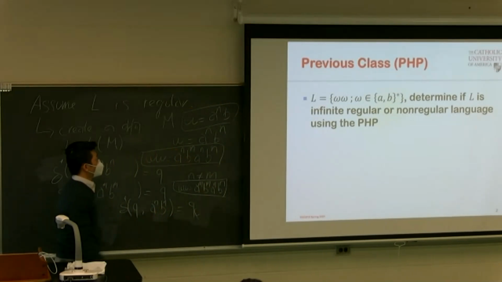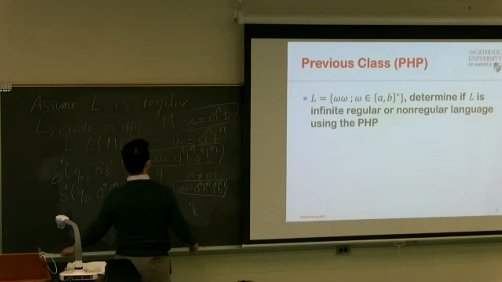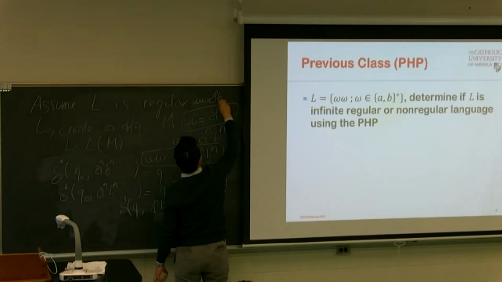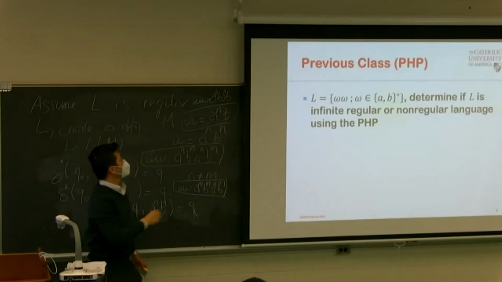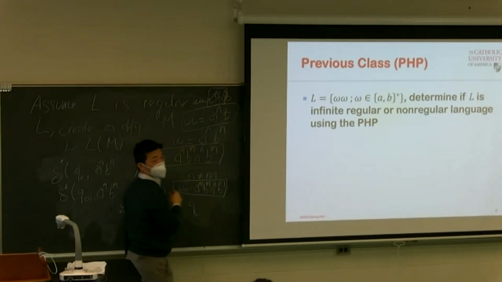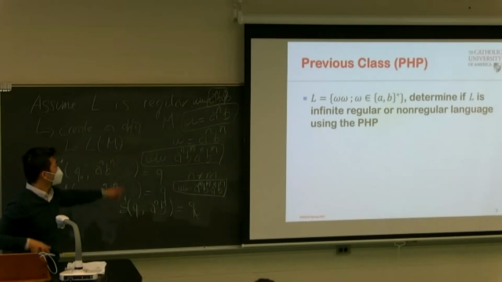So the same concept with W would be A to the N, B, A to the N, B. We split this in half and show this first part ends up in the same Q state, and then simply one transition from that to the final state. Any question?